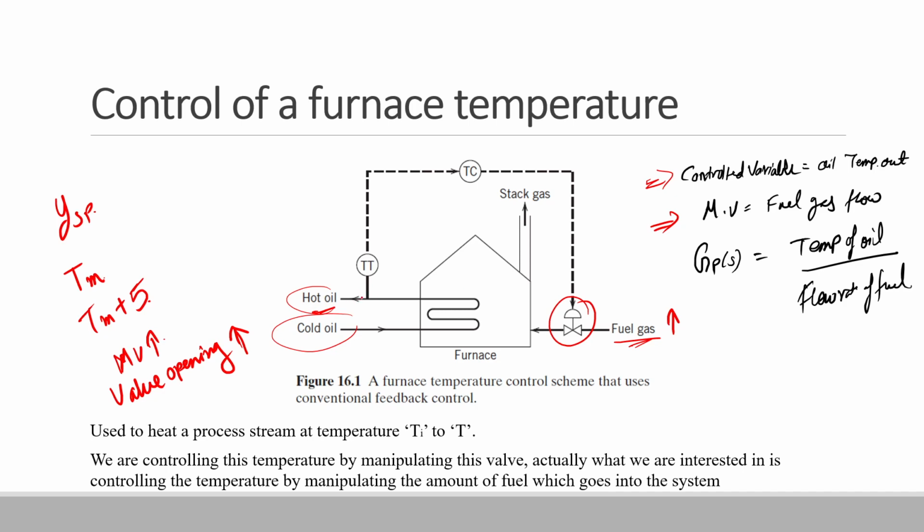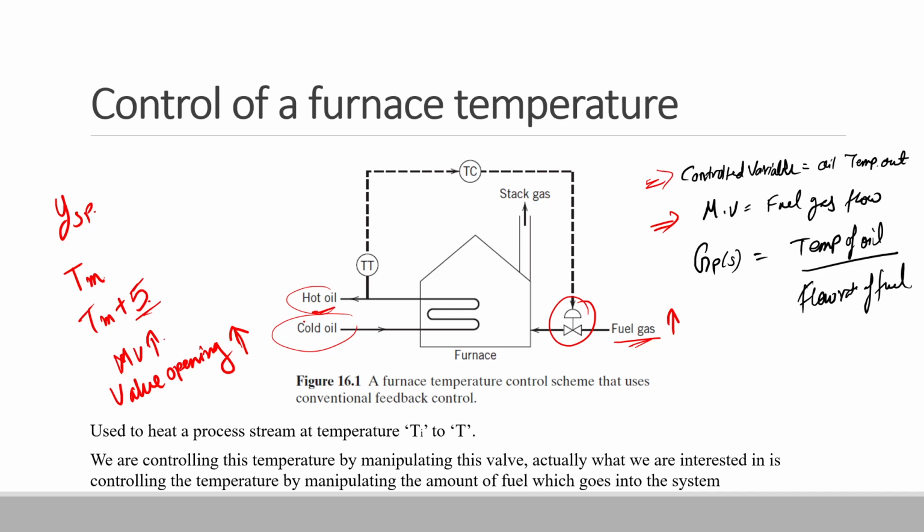So once the temperature of the hot oil has reached the desired set point, again the control valve will act and try to regulate or decrease the fuel gas flow rate. So these are the steps that will be taken by the process in order to reach the desired set point of this hot oil.